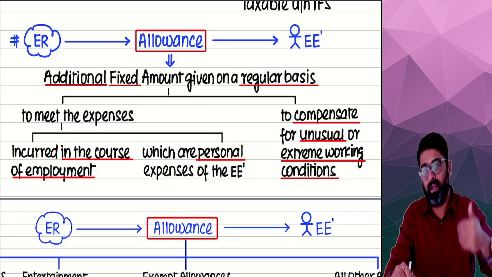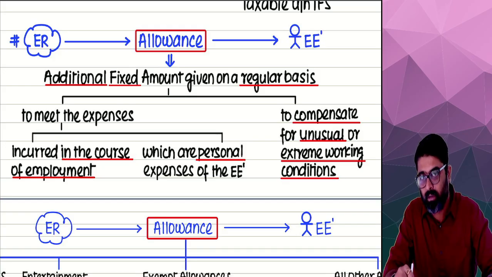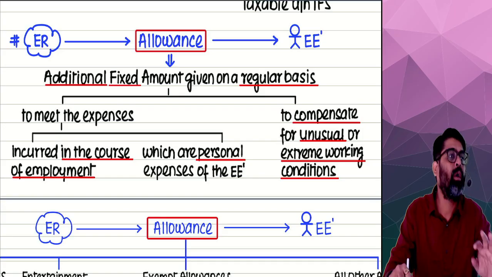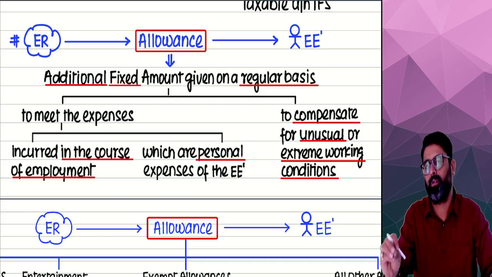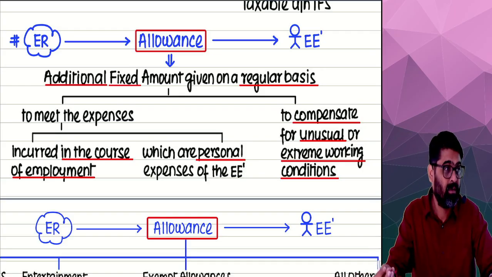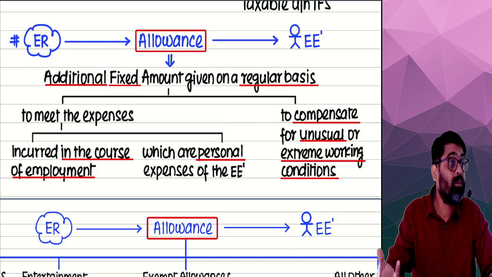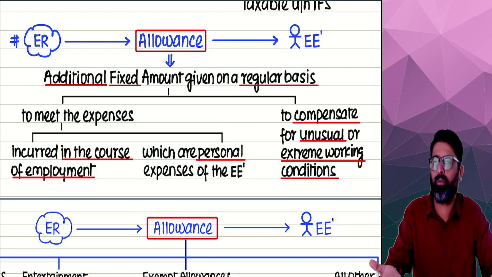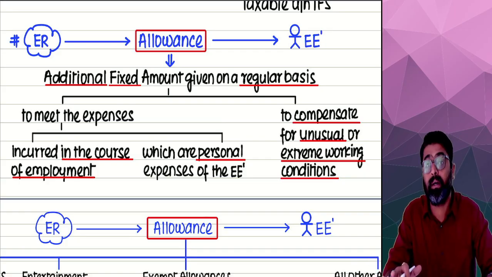You are coming every day to the office. Nobody is there to cook food at home. You have to eat outside. Don't worry. Take this 5,000 rupees per month. Have lunch. Lunch allowance can be given. So there are many personal expenses which the employee can incur.